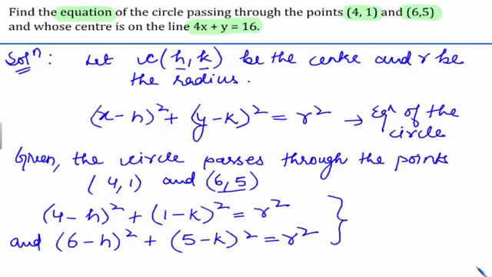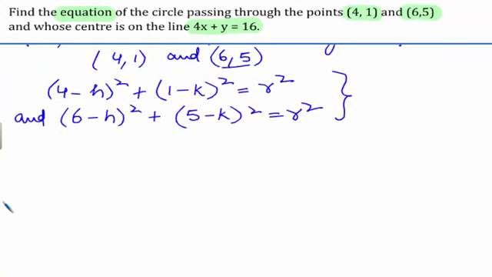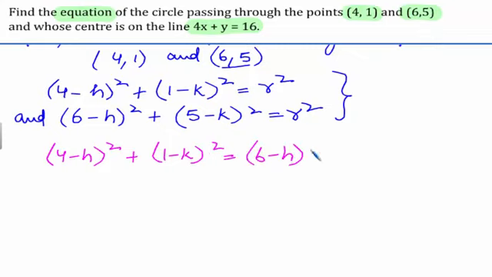Now we see that the right hand side of both the equations are equal. Therefore, equating the left hand sides, we have (4 minus h) whole square plus (1 minus k) whole square is equal to (6 minus h) whole square plus (5 minus k) whole square.